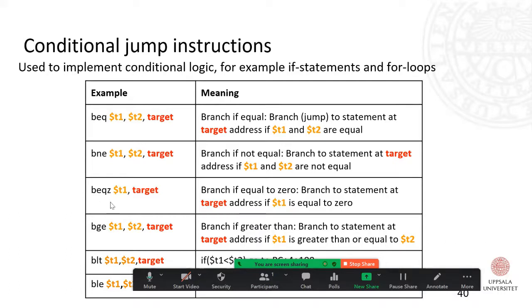This one will branch if greater than or equal. This will branch if equal to 0. It will check this register and branch only if the value stored is 0. And this will branch if less than, and this will branch if less than or equal.